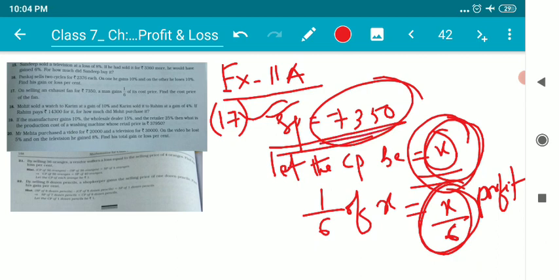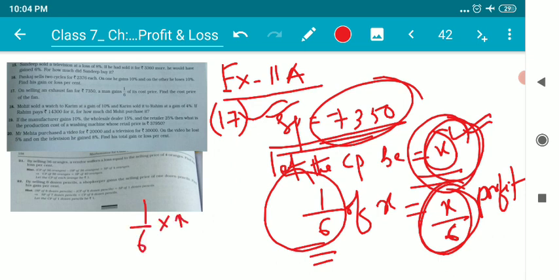Cost price is unknown to us, that we have assumed X, but it is mentioned in the question that the amount of profit is 1/6 of cost price. So in order to get the amount of profit, we are calculating 1/6 of its cost price, which means 1/6 into X, resulting in X by 6 rupees.